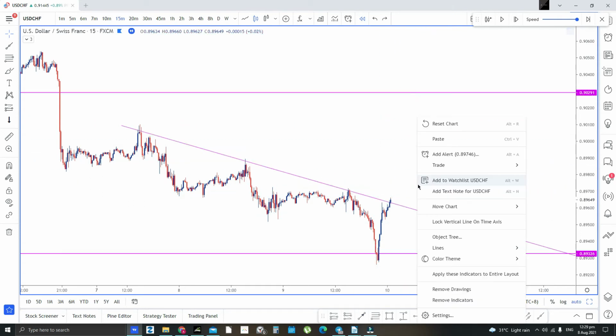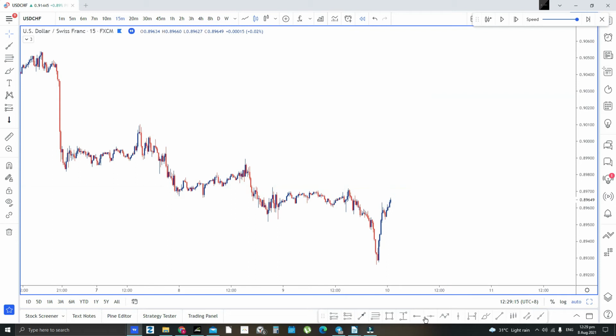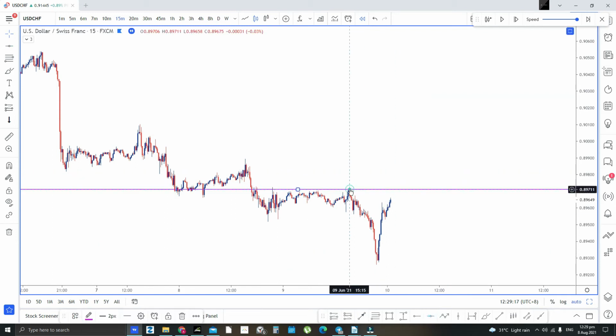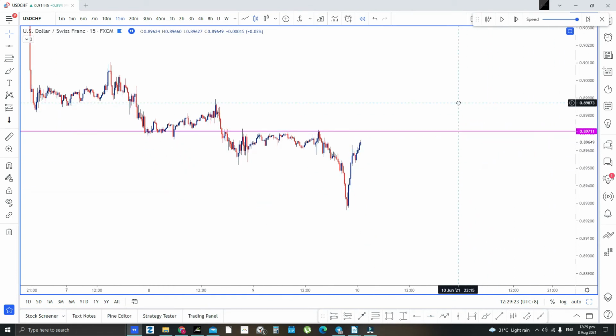We want price to break structure right over here, because this is the most recent level of structure that needs to be broken in order for us to look for an entry. If that happens, then we're interested because we will be able to find an order block right here at the bottom. So let's see what happens.